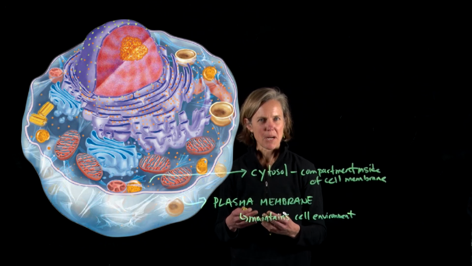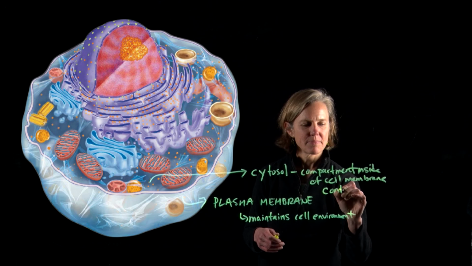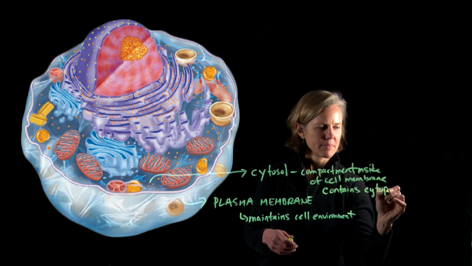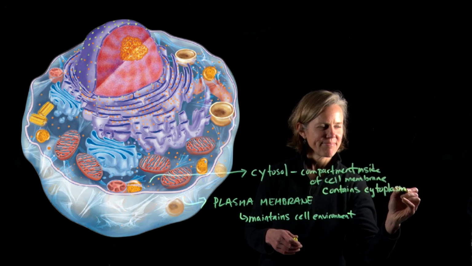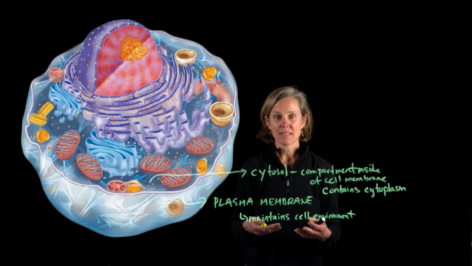And in that compartment, in the cytosol, we find cytoplasm. Now, cytoplasm is the material or the substance inside of the cytosol. It's that watery stuff that also would contain ions and proteins.